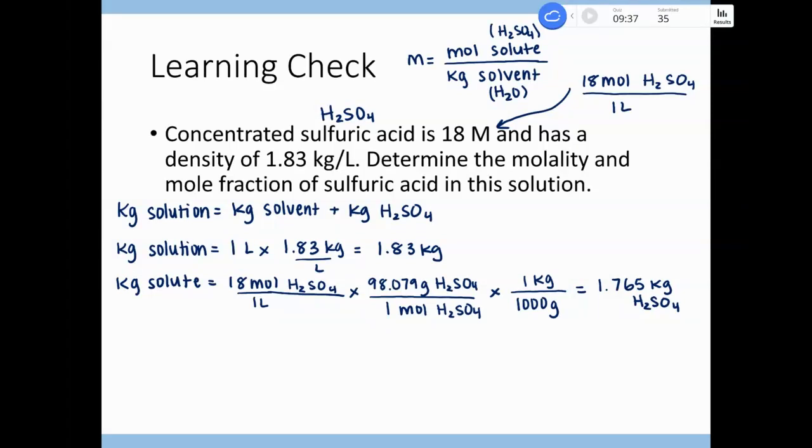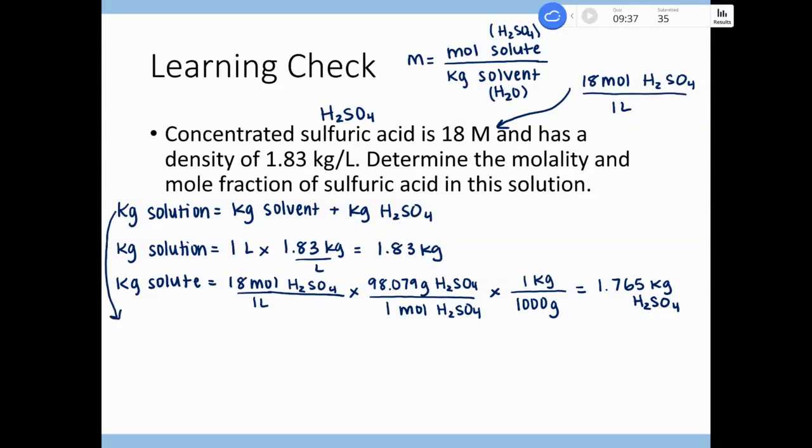So remember, to get to molality, we need kilograms of the solvent. We've calculated kilograms of the solution, total mass, and kilograms of the solute. So of the 1.83 kilograms of the solution, 1.765 is the solute. So the rest is the solvent.